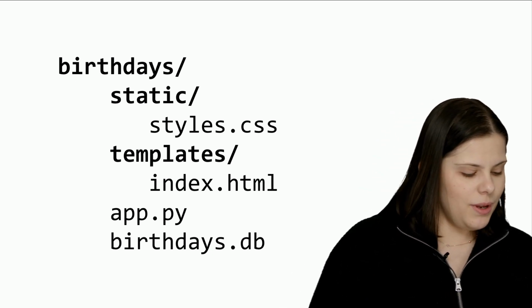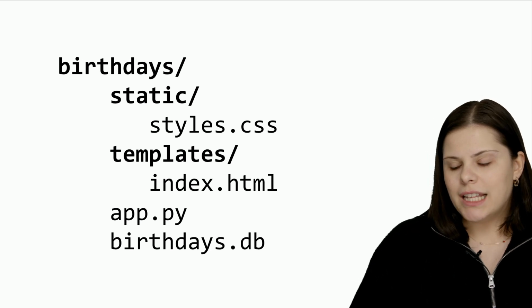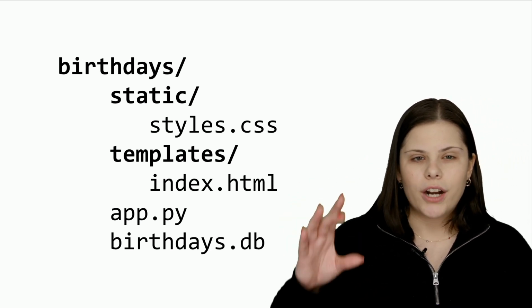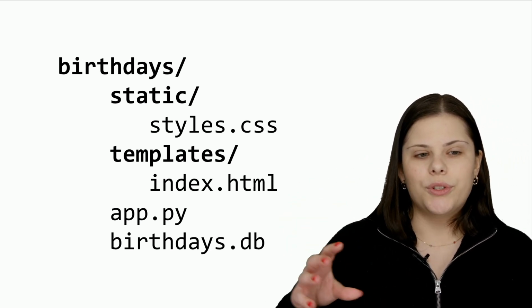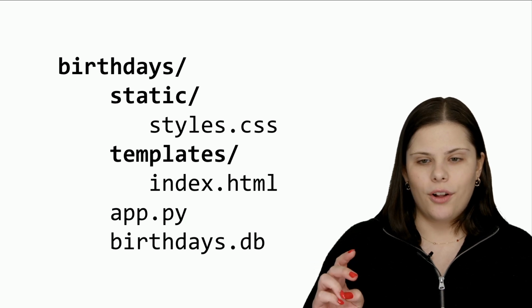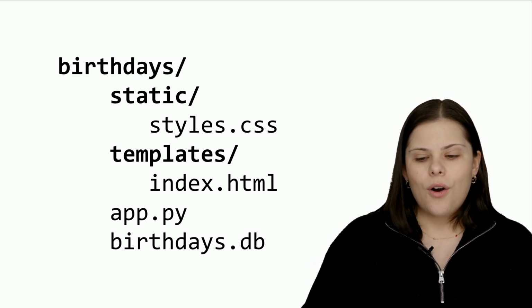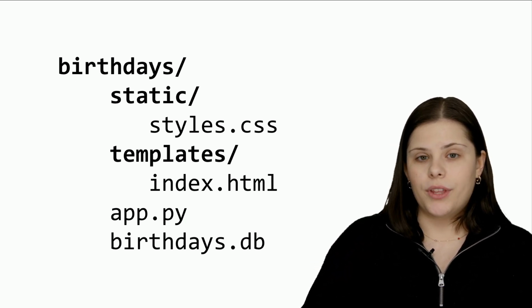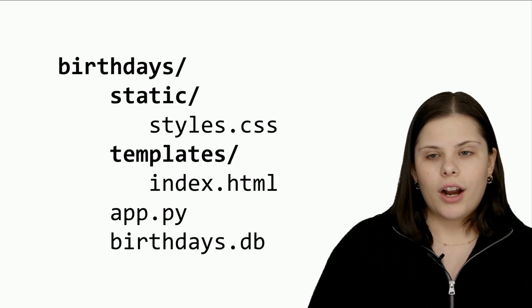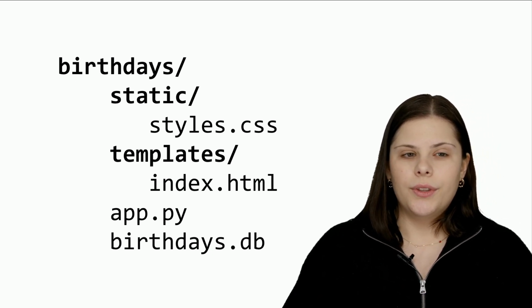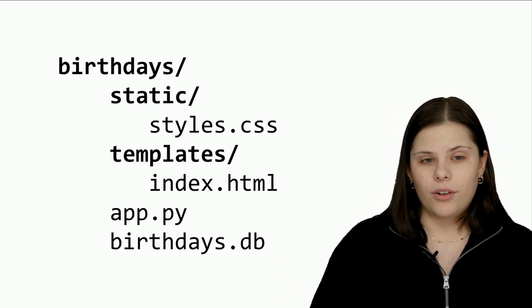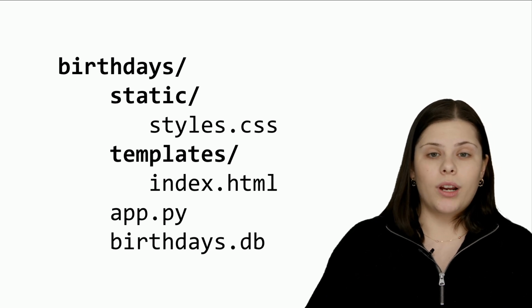But before we keep moving, let's talk a little bit about what parts of this folder exactly attribute to what part of the MVC model. For example, which parts of this birthday folder sort of attribute to the view component of the framework?